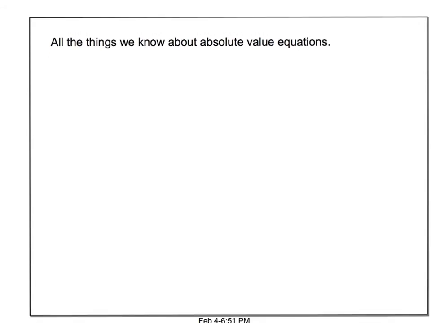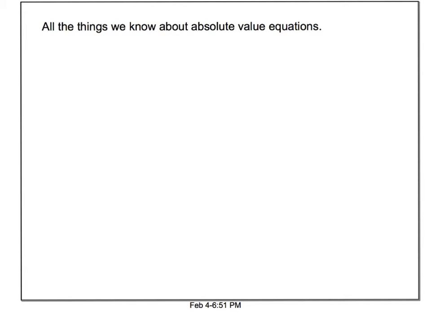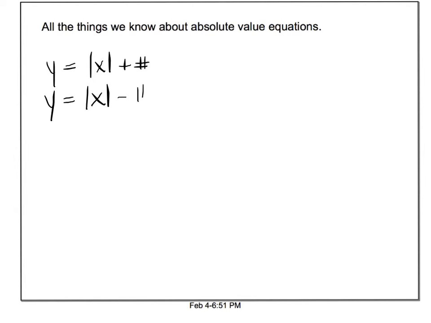Let's write down all the things we know about absolute value equations. I'll give you a hand. What does adding a number to your absolute value do to it? What does subtracting a number from your absolute value do?